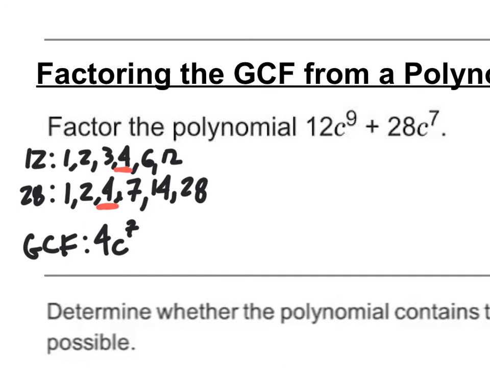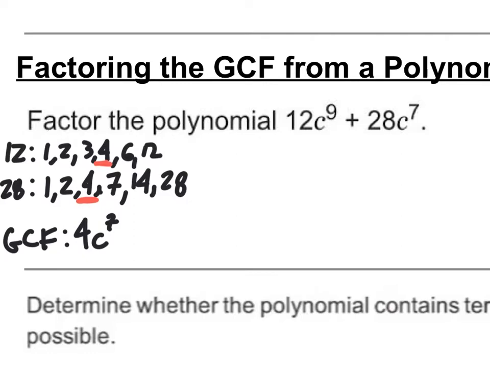Okay, so let's rewrite this as the product of two things that includes our greatest common factor. I'm going to rewrite this as 4c to the 7th. Now, 4 times what gives me 12? We have to think about what's left. That number is going to be 3.